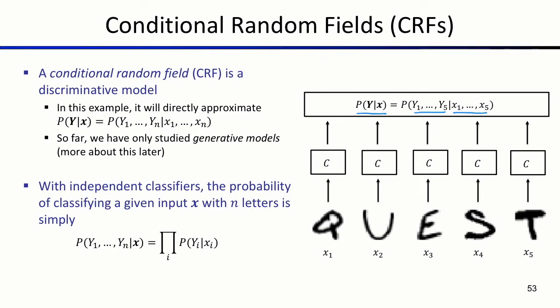And that is exactly what the conditional random fields, or the CRFs, are going to give us. They are a discriminative model that approximates this conditional probability of y given x, being y all the labels that we have in the sequence.